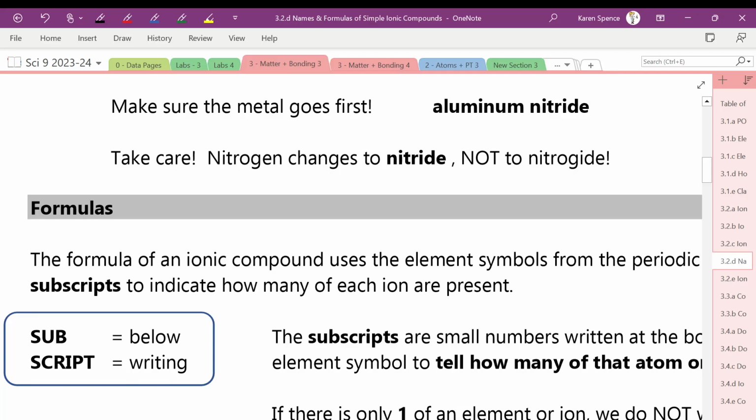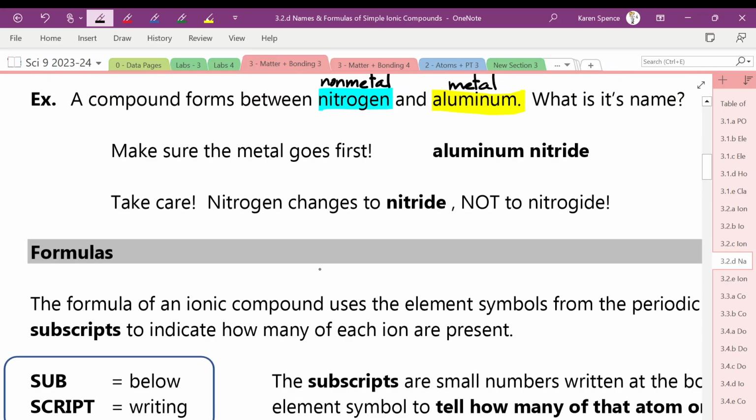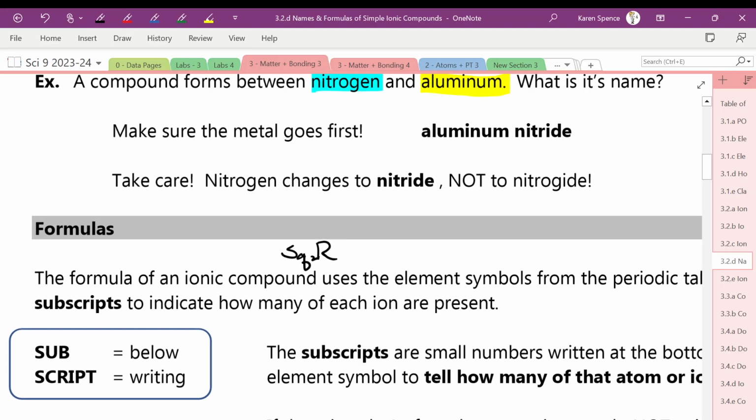Formulas, you've already seen some formulas. You saw some in the POGL activity. Do you remember seeing things that were like SQ2R? Those are sort of like the formulas we're going to do, except we're not going to use SQ and we're not going to use R. We're going to use the symbols from the elements on the periodic table.